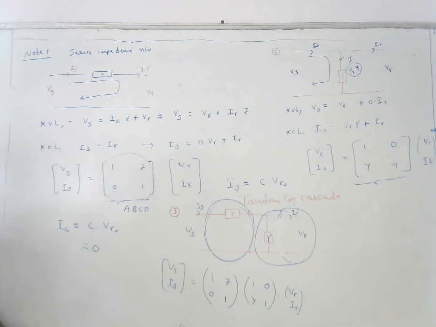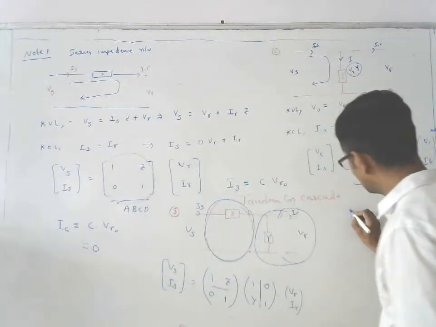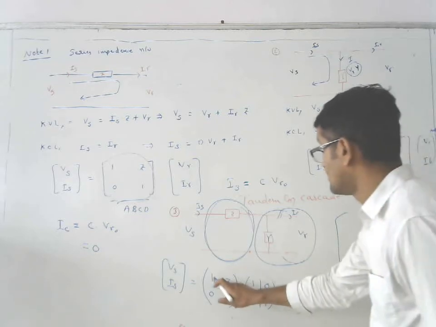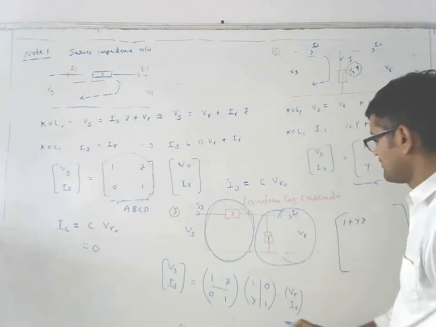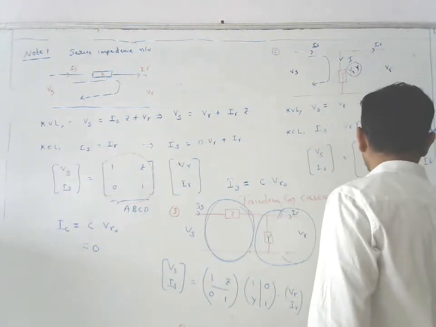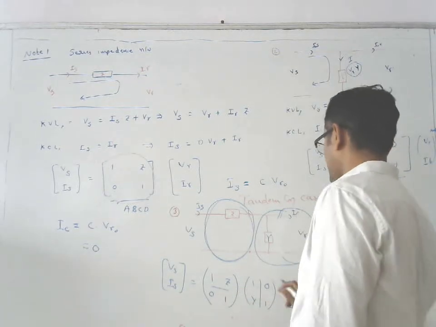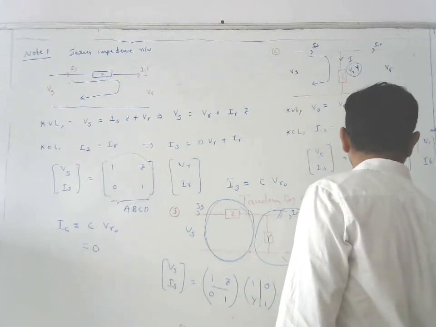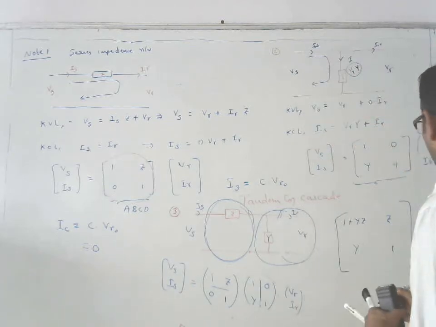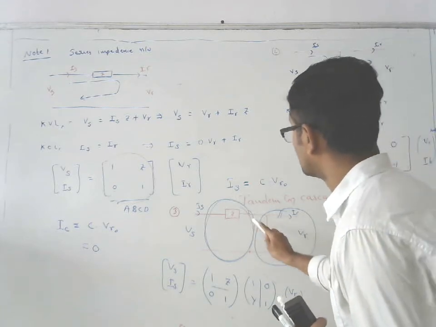What do you get by multiplying? 1 into 1, 1 plus ZY, then 0 plus Z, and 0 plus Y. These are the ABCD parameters if you cascade these two. Let me verify that I made no mistake there. No mistakes.